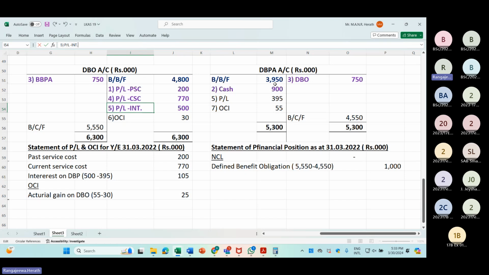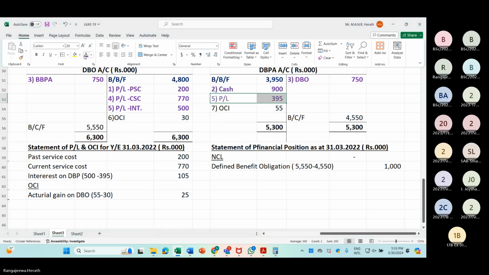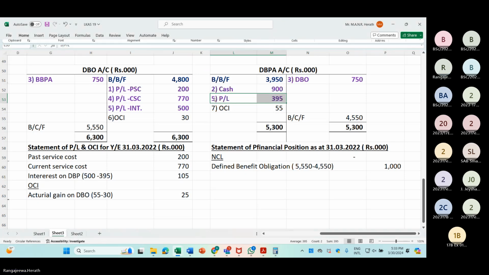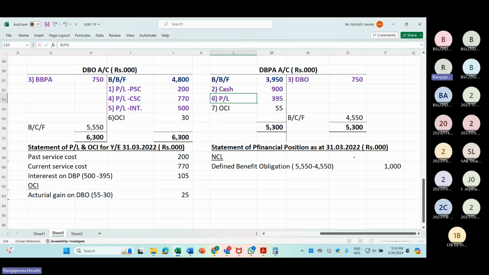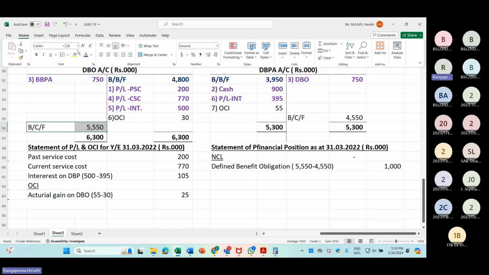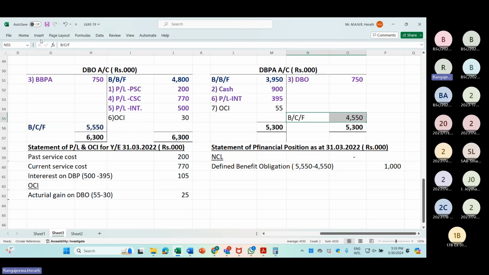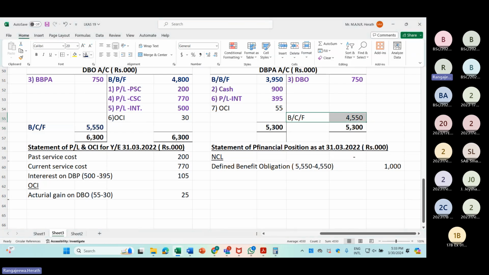Likewise, on the asset's opening balance you take 10% interest. That is interest income. Take it number 6. Then finally, carried forward balance of defined benefit obligation 5,550, carried forward balance of defined benefit plan asset 4,550.